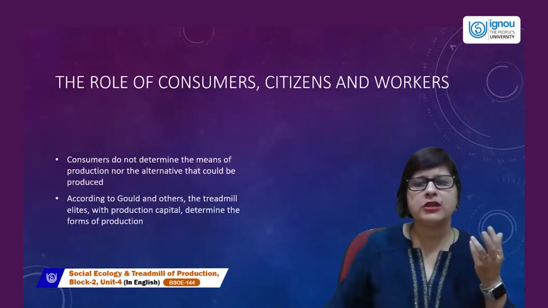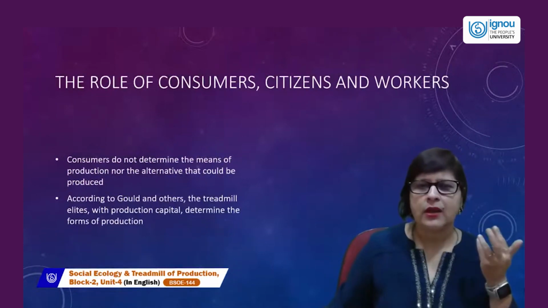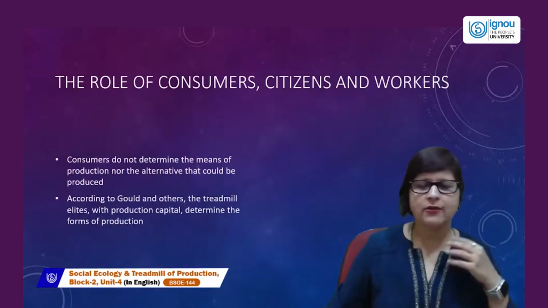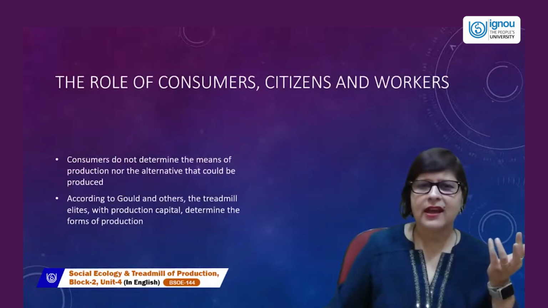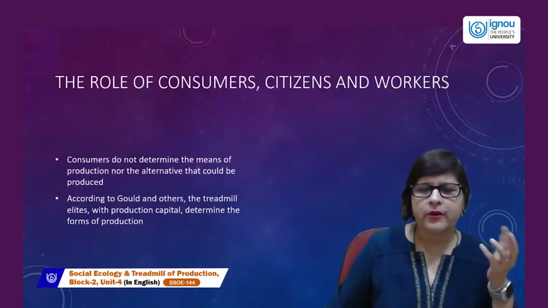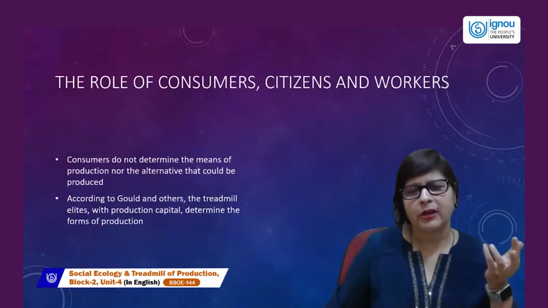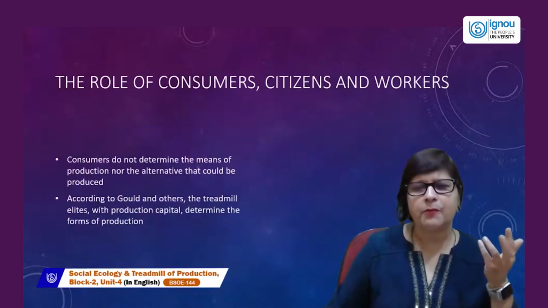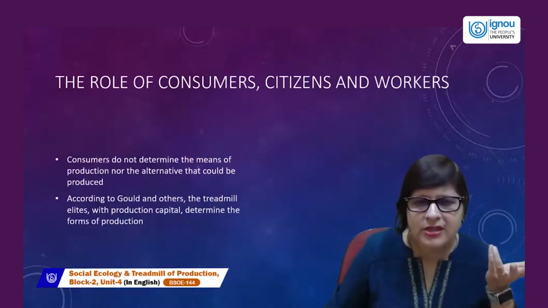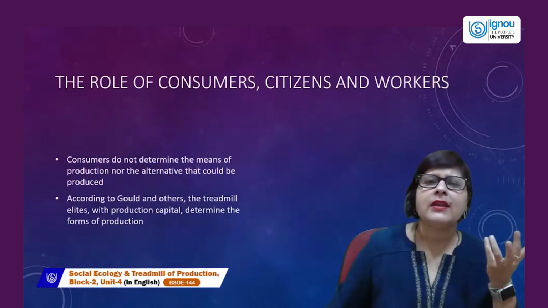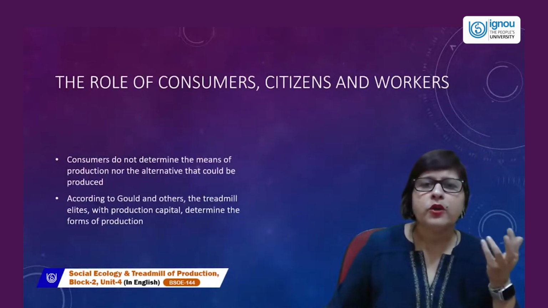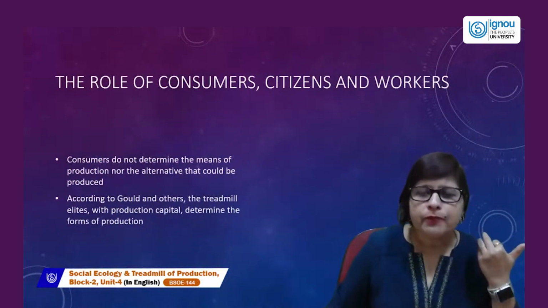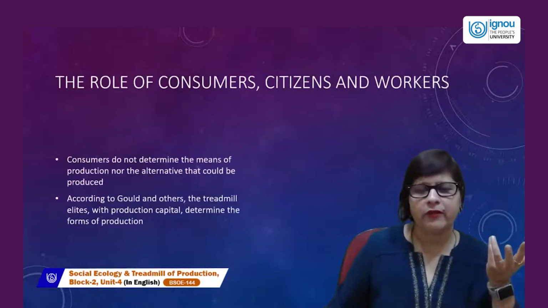The consumer can choose whether he wants to consume a product on the basis of its production, but he cannot say that one should not consume that product or how to produce it. But the citizen, that is the politicians plus consumers plus the workers, can decide what to produce, or can force the producer to change their production system, right?